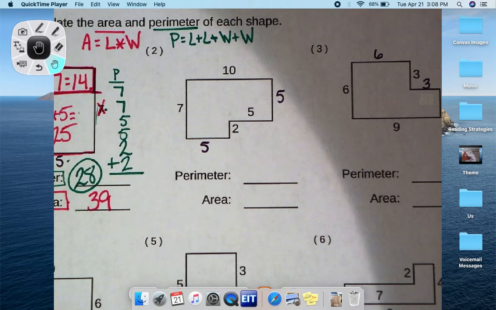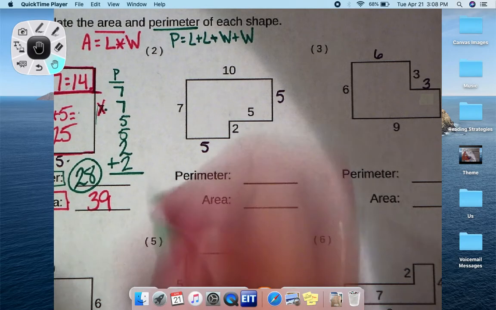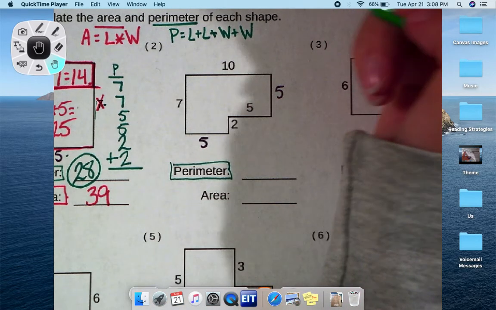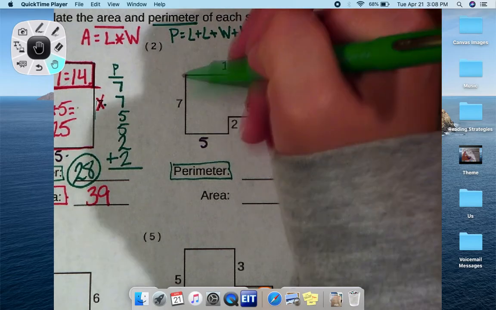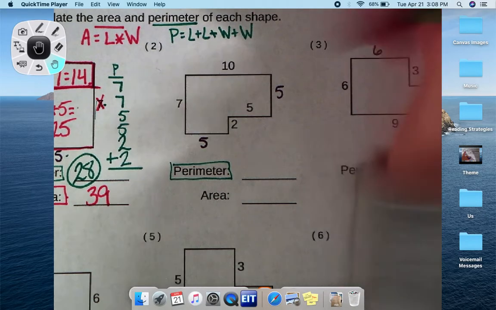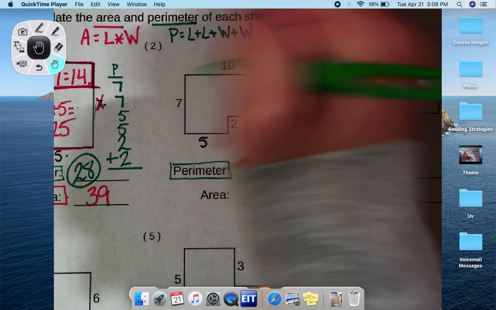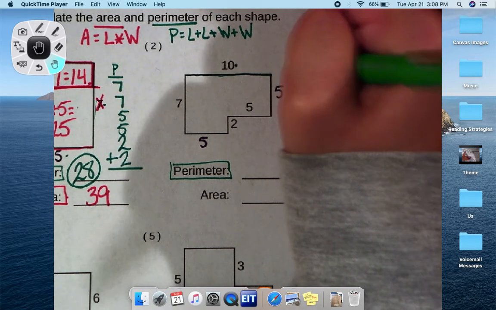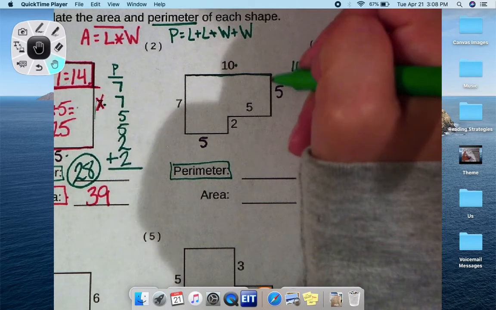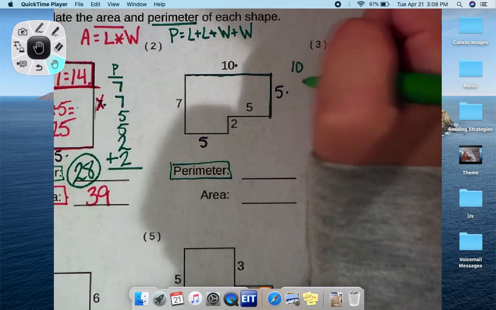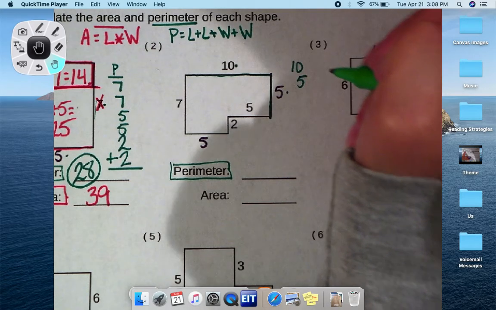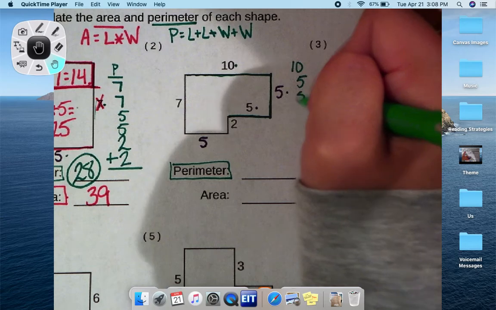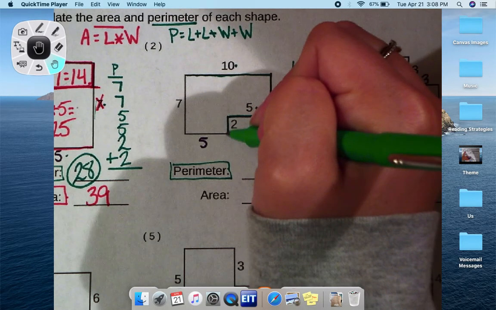Okay, starting with perimeter. To find perimeter, I add up every single side and I work my way around to make sure that I don't leave any sides out. So starting at the top, I've got 10 plus 5 plus 5 plus 2.